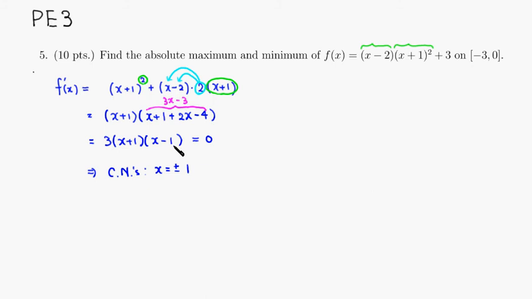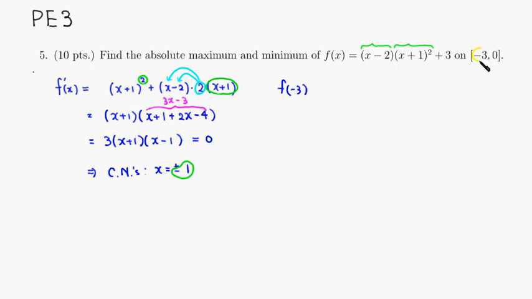But you can see that the interval is -3 to 0, so we only need to consider -1, because positive 1 is not on this interval. So we have 3 possible numbers we need to check. We need to look at f of the left-hand point, which is -3, so maybe I circle that.